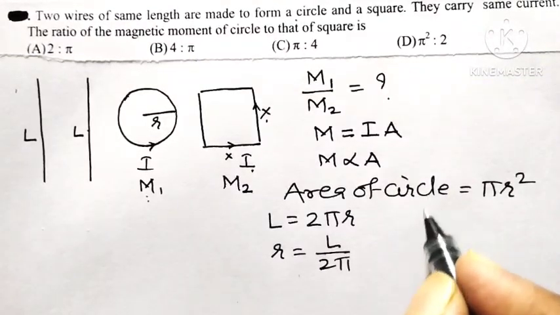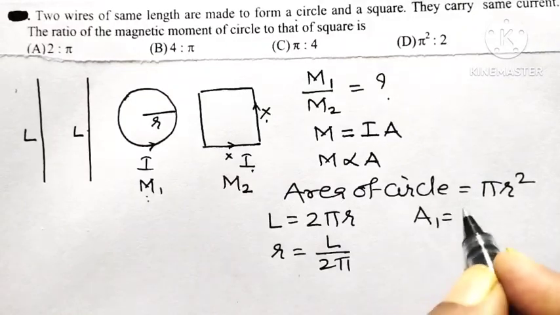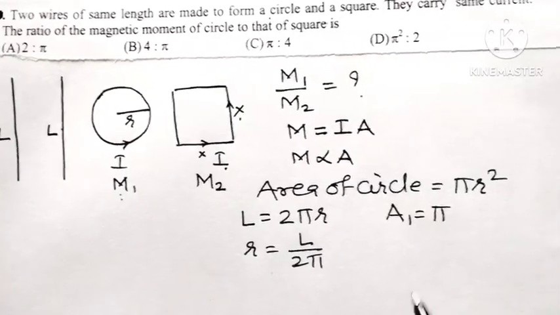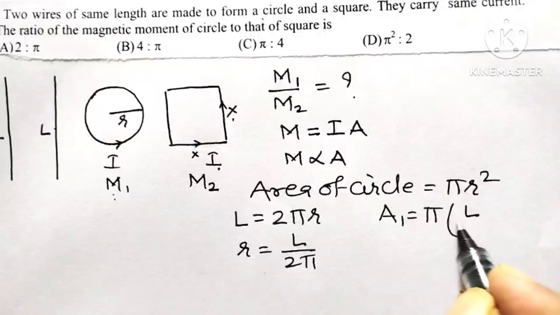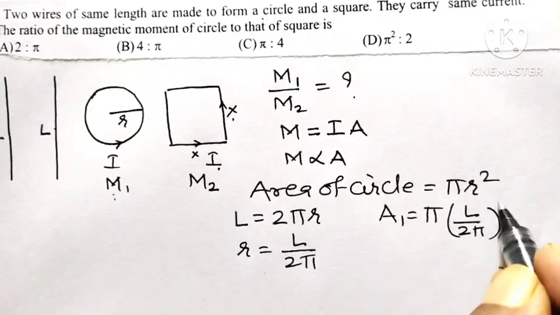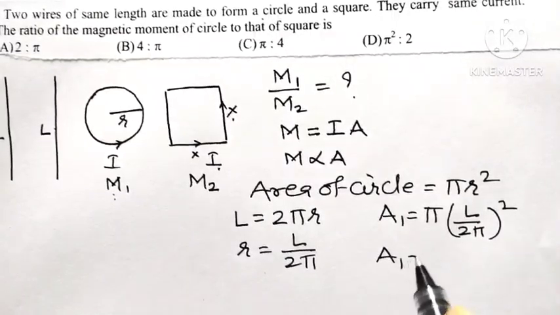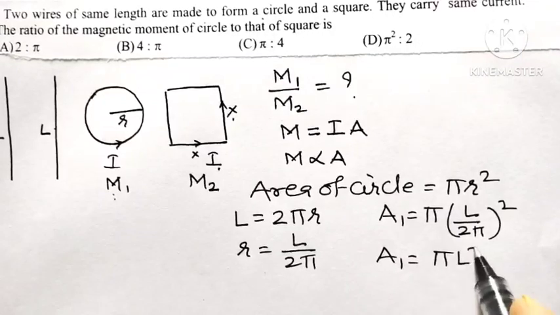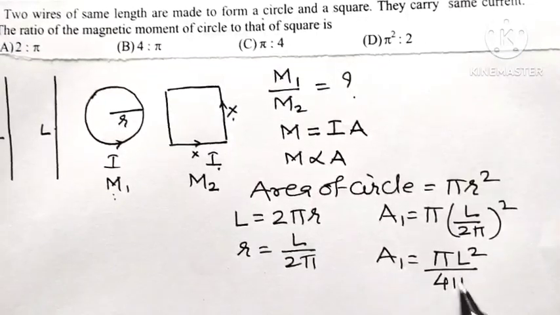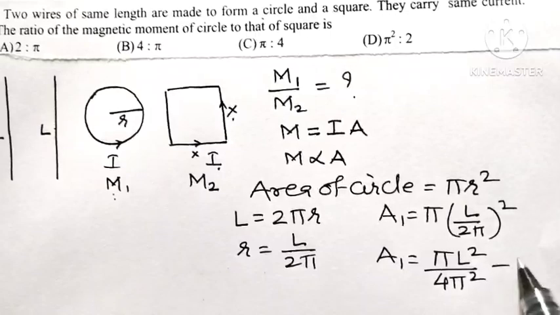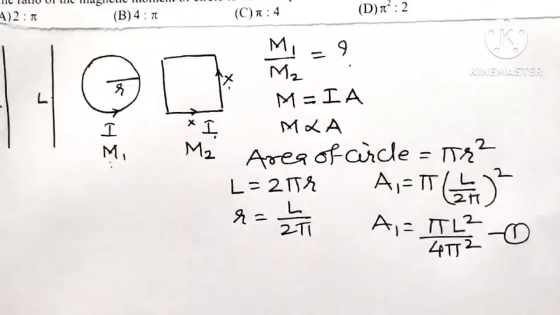So the area of the circle A1 is equal to pi into r square. R square means L divided by 2 pi whole square. So the area of the circle is equal to pi into L square divided by 4 pi square.